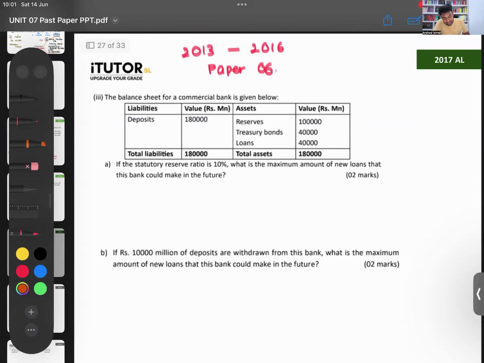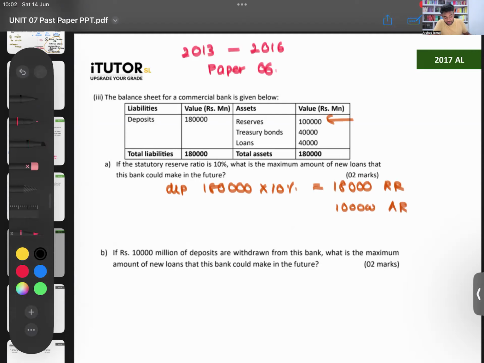How much is the new loans that this bank could make now? If the SRR is 10%, that means from your deposits of 180,000, you have to keep 10%. That is key. You have to keep 18,000 as required reserves. How much have you kept in your balance sheet? You have 100,000 of actual reserves.